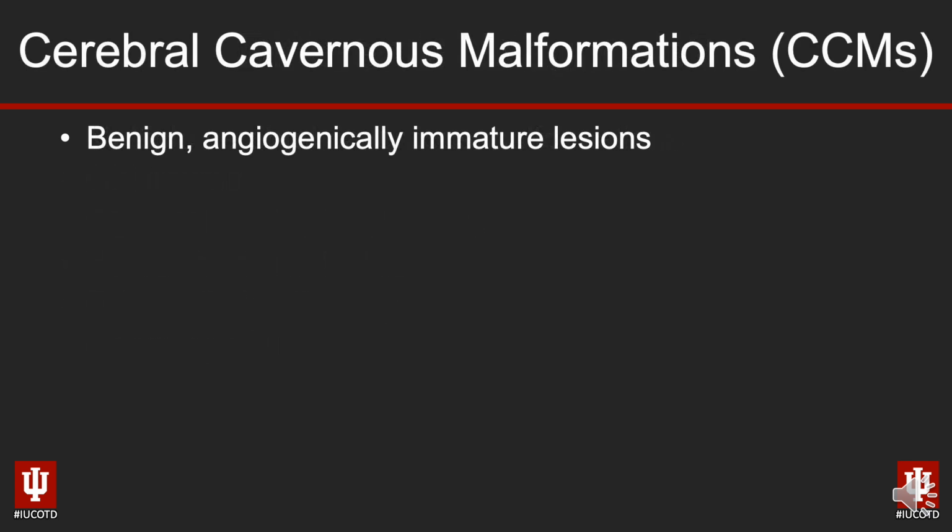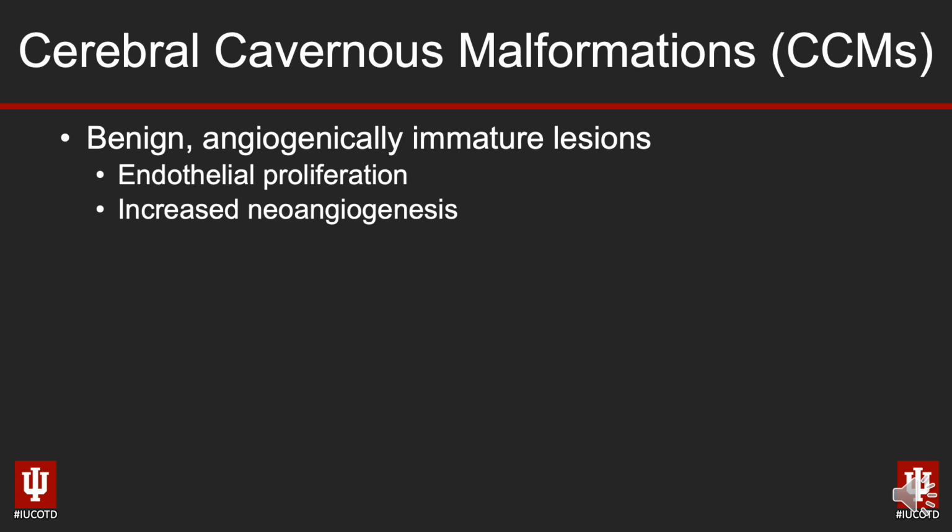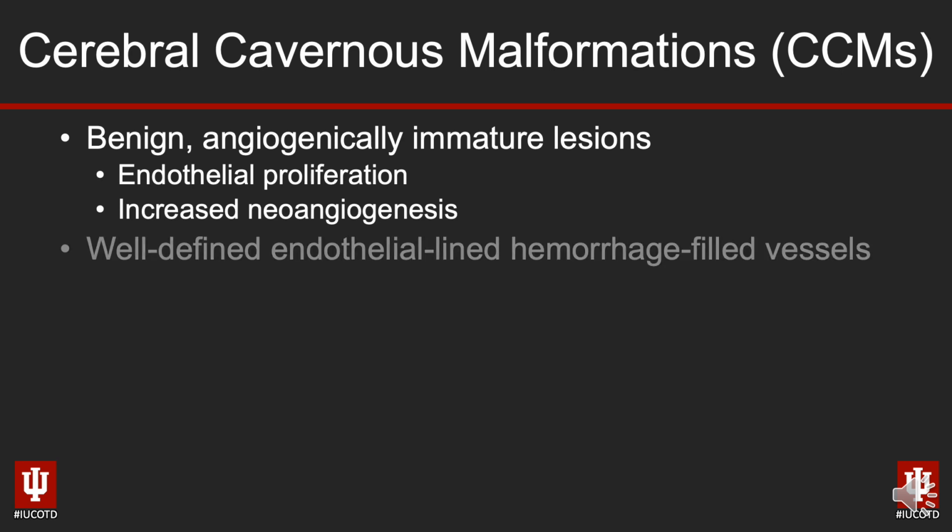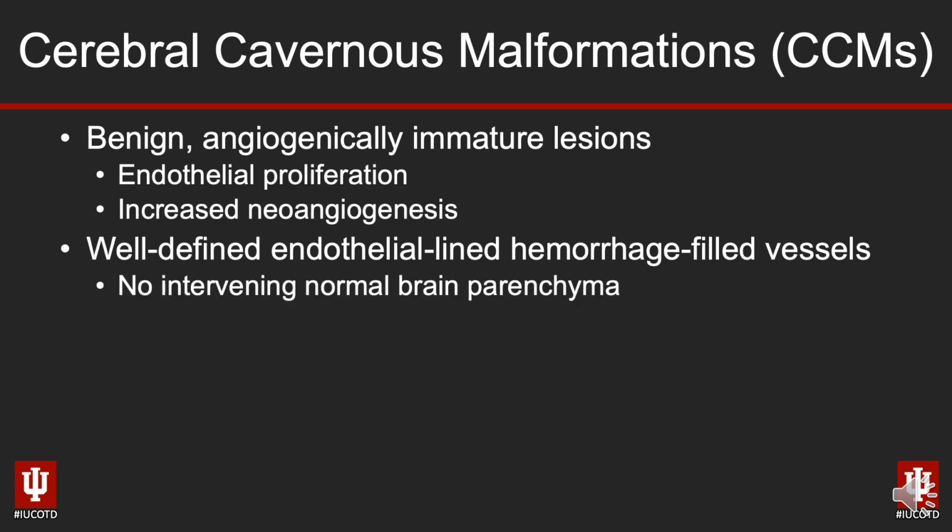Well, as it turns out, this is a patient who had multiple cerebral cavernous malformations, and these are benign angiogenically immature lesions of endothelial proliferation and increased neoangiogenesis. These are well-defined endothelial-lined hemorrhage-filled channels within the brain that lack any intervening brain parenchyma. So there's no normal brain separating these channels.